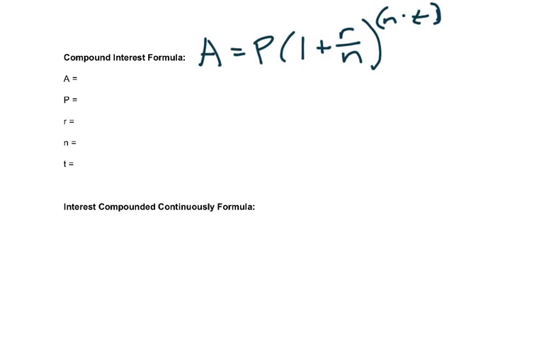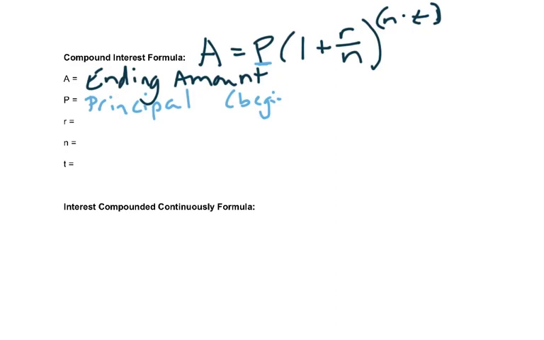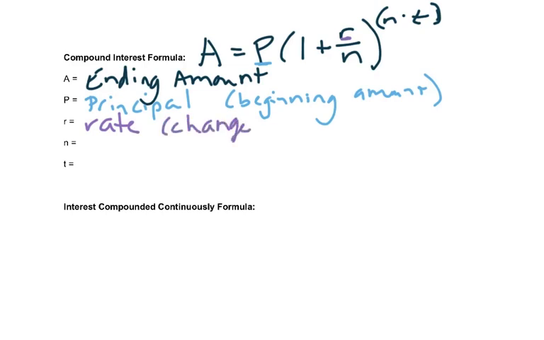And the exponent should be in parentheses. A is the ending amount. P is the principal, and the principal is the beginning amount. R is the rate, and you have to change that to a decimal by dividing by 100.